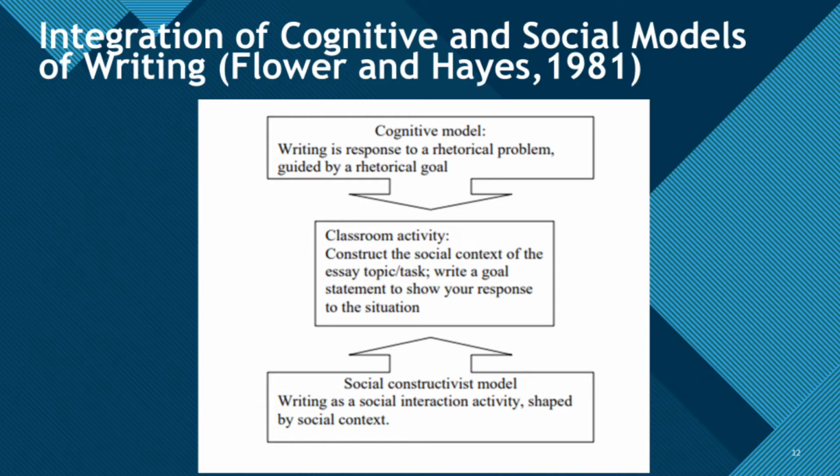It involves knowing the rhetorical problem and setting the rhetorical goal. Exercises to practice goal setting or goal-directed thinking require students to first create the social context by describing possible preceding events that made the writing necessary, the identity, expectations and attitude of the reader, the writer's persona, and relationship with the reader.